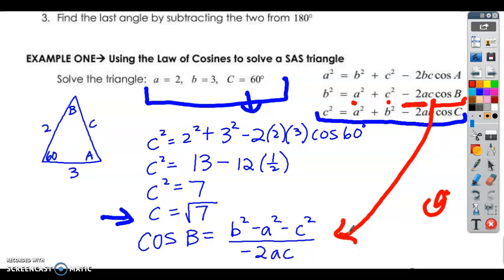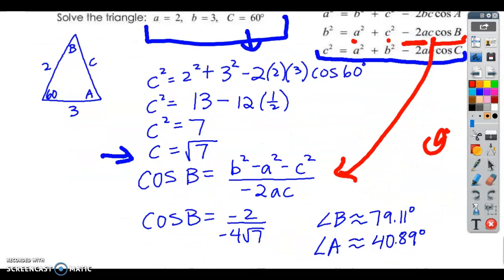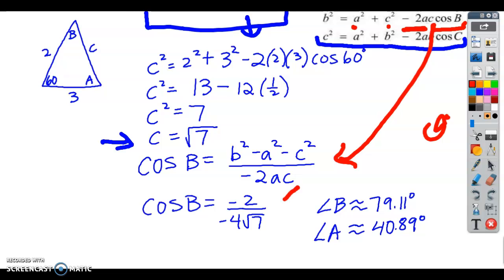And now I'm just going to plug in the values. When I do that, I end up with this. And now we have to find the measure of the angle. That involves inverse cosine. So on the calculator, it would be inverse cosine of -2 over, it's a negative over a negative, so that's a positive, 2 over 4 root 7.